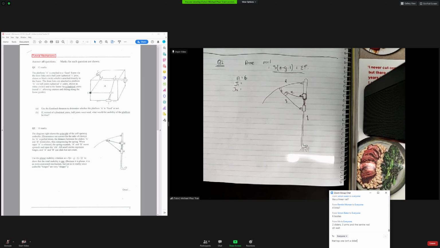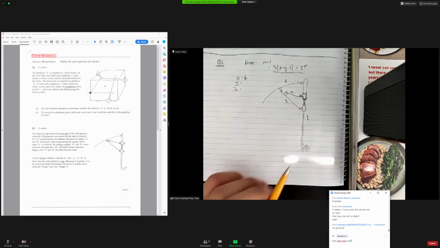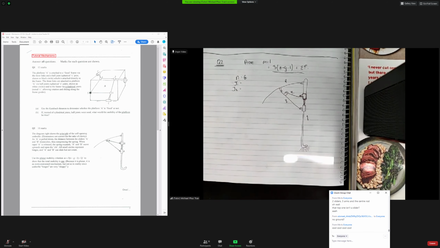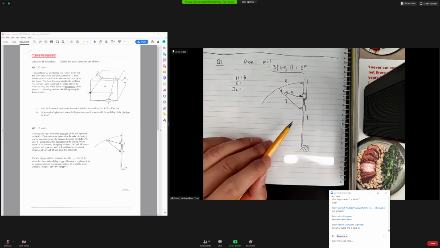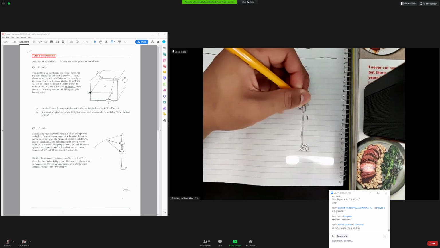What else have we got? It is a slider. We're defining the handle as the ground. Oh, 1, 2, 3, 4, 5, 6.